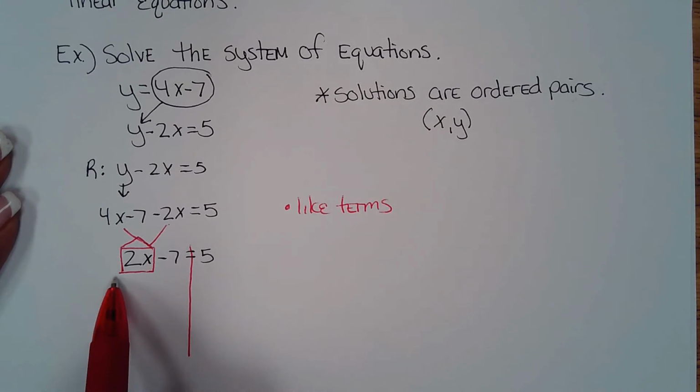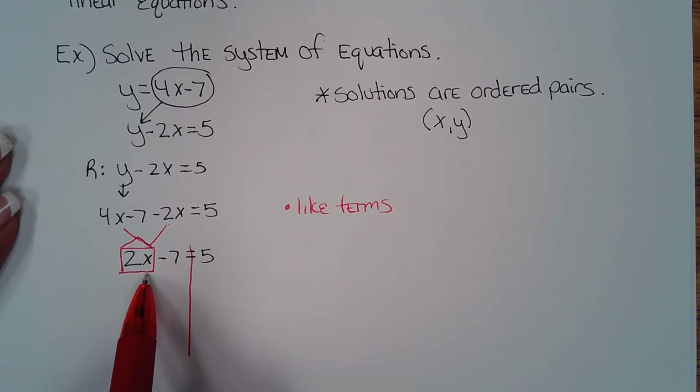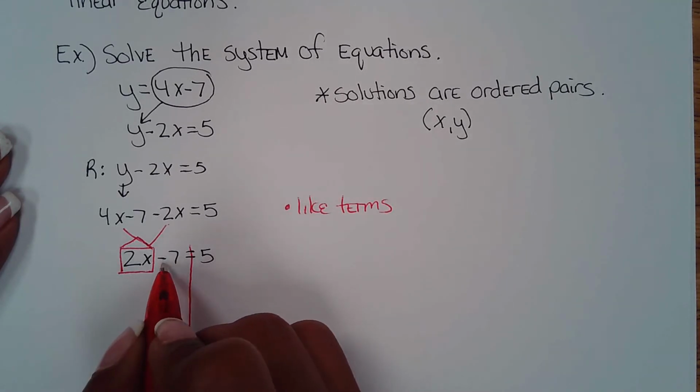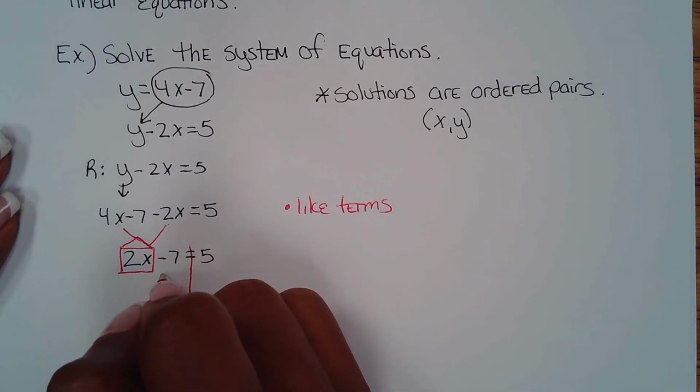We're focused on the left side, because that's where our variable is. The house strategy works like this. You want to start by moving all of the terms that are on the outside of the house by doing your inverse operations.